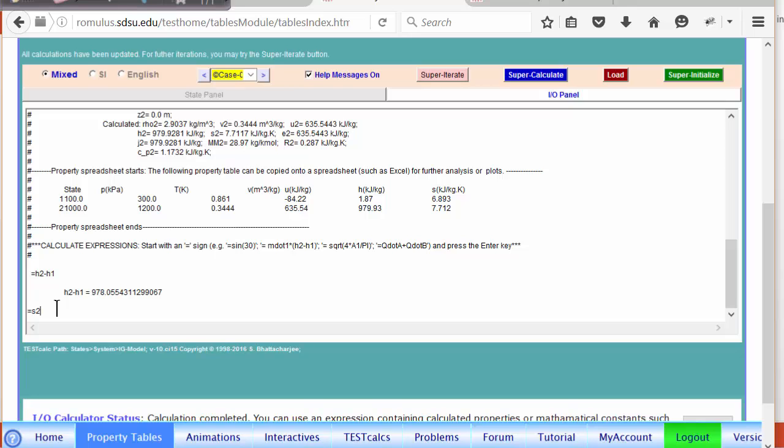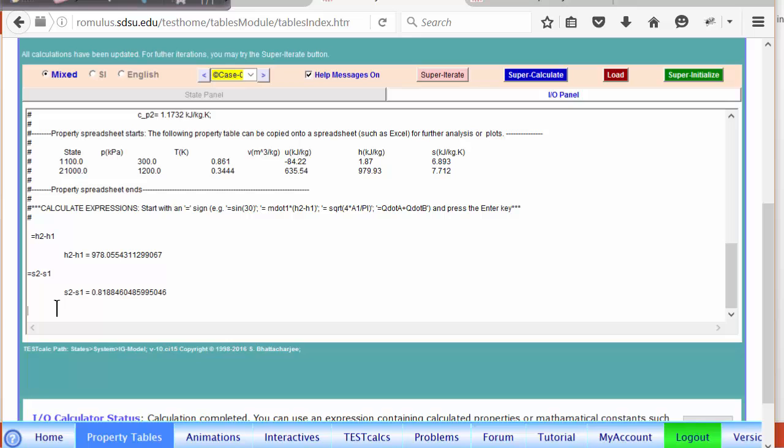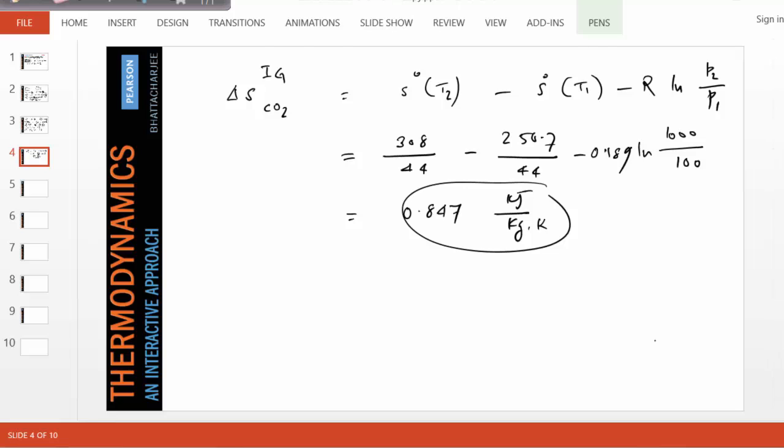So notice we found the enthalpy difference to be 978 and entropy difference 0.818 or 0.819. So if you go back and write them down, delta H using the IG model for air is 978, and delta S for the IG model for air is 0.819.